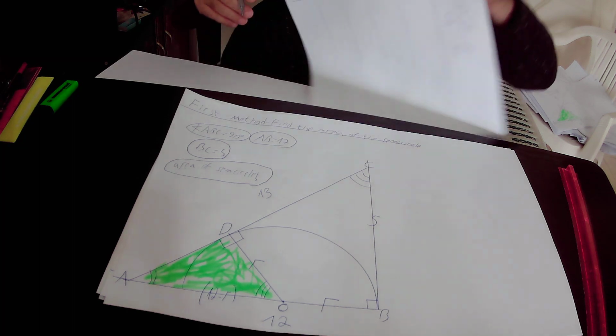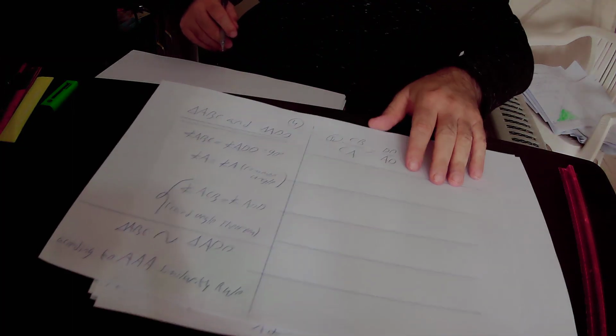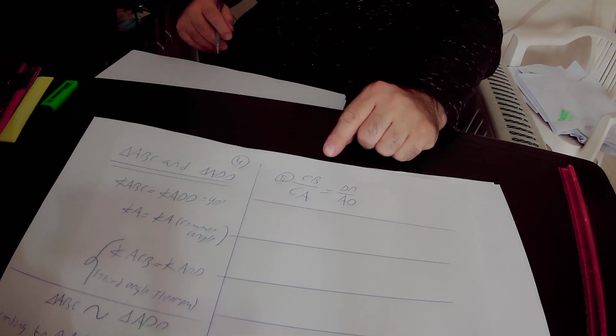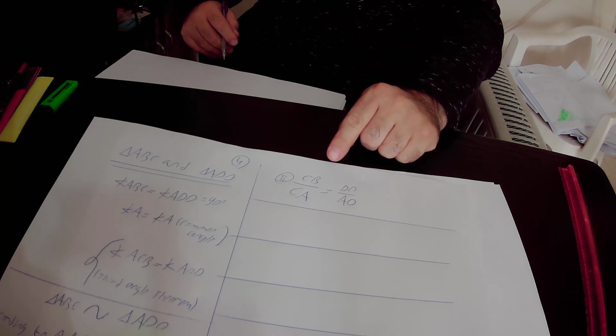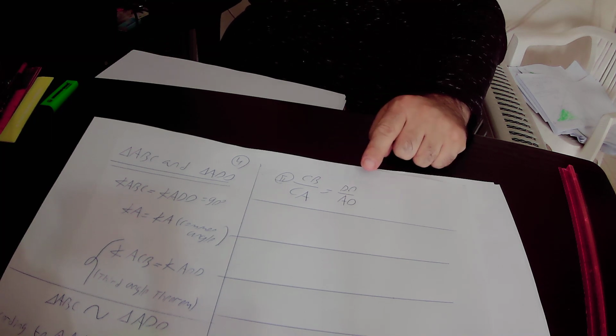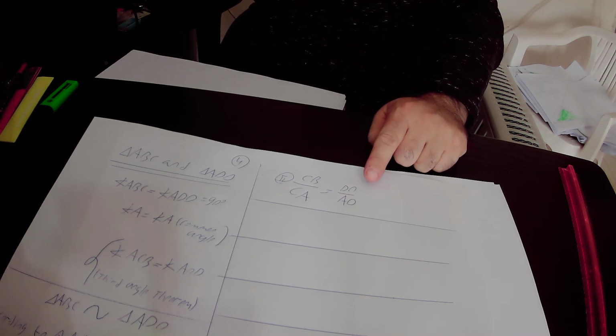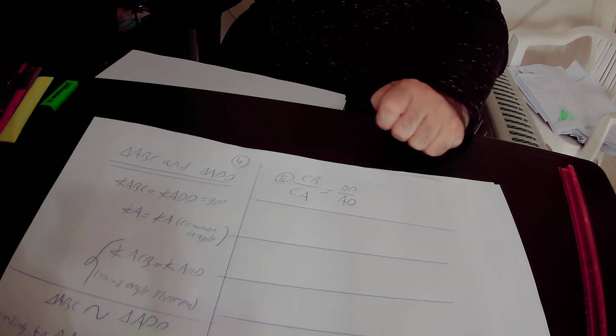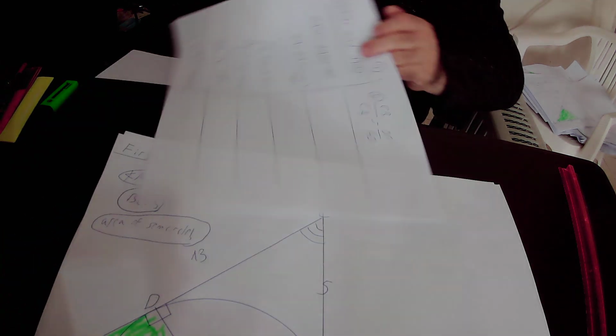I will repeat again. From the fact that triangle ABC is similar to triangle ADO, the green triangle, we conclude that CB over CA in triangle ABC equals DO over AO in the green triangle ADO. Okay?